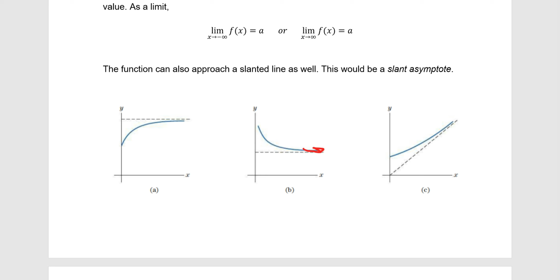Similarly for b, as x approaches positive infinity, the function's approaching whatever y value that is. We say it's asymptotically approaching the value, meaning there's an asymptote there. And we can also have a slant asymptote, and that's just when the function's approaching a slanted line. So as x approaches positive infinity, you can see that this graph is approaching that slanted line, which would be a slant asymptote.